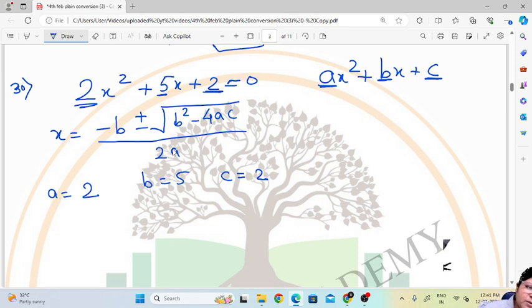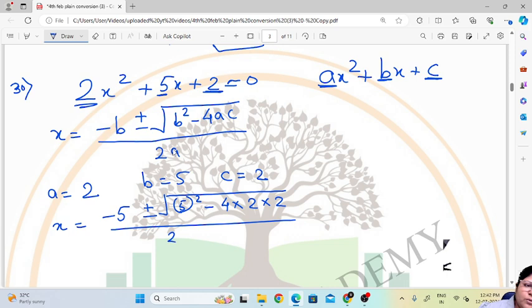Now keeping the values in the equation, minus B, that means minus 5, plus minus root of b square, that means 5 square, minus 4 into a, that is 2, into c, that is 2, upon 2a. 2a means 2 times 2.